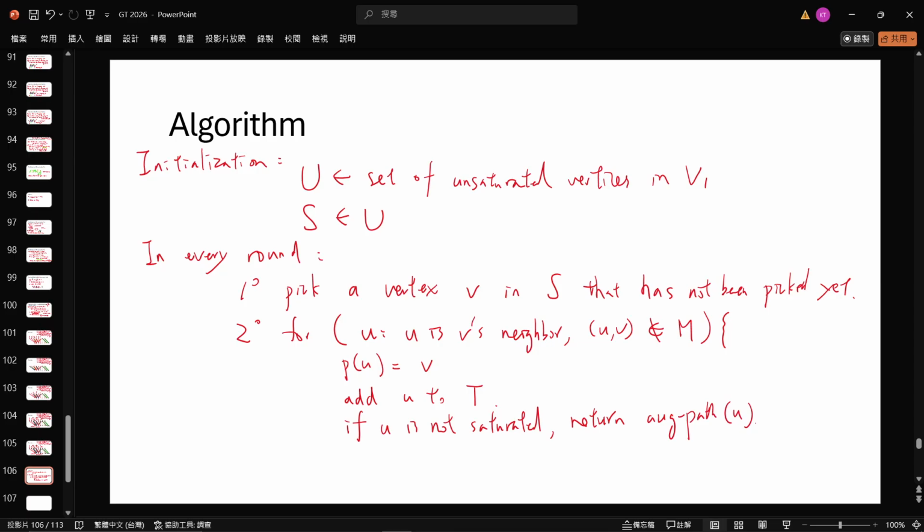Here I write this in the form of a function, aug path, and the input is U. What this function does is use the parent field to backtrack and reconstruct the whole path.